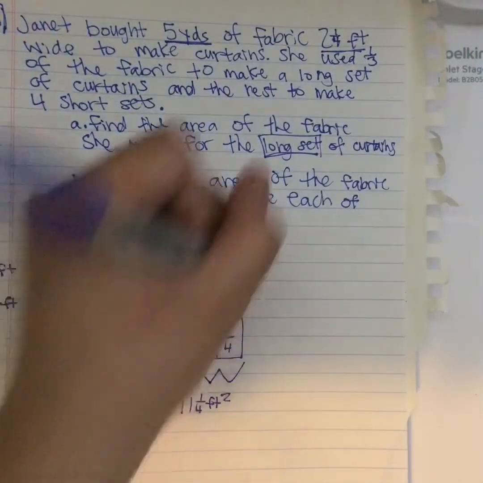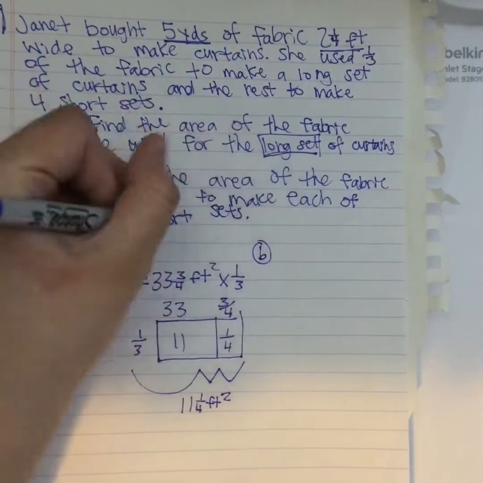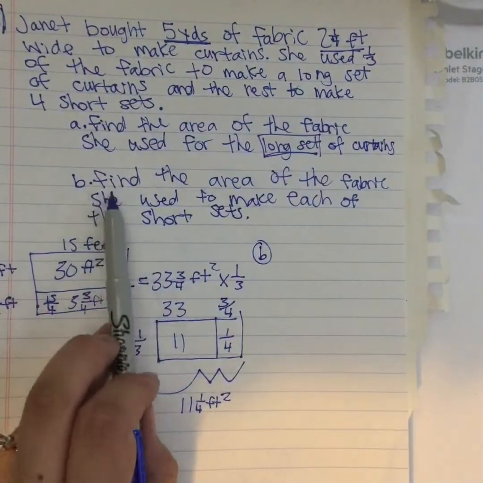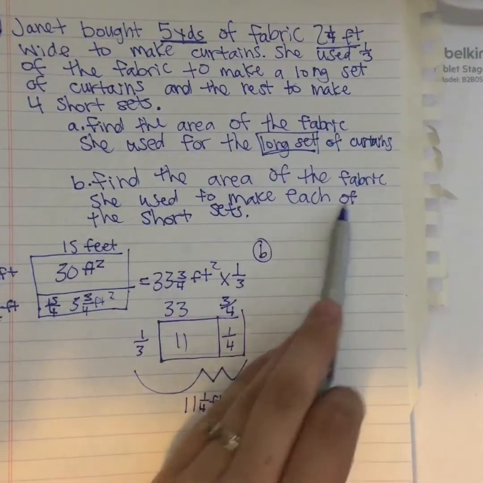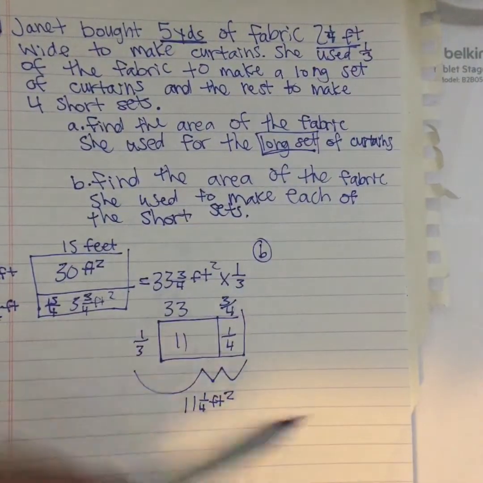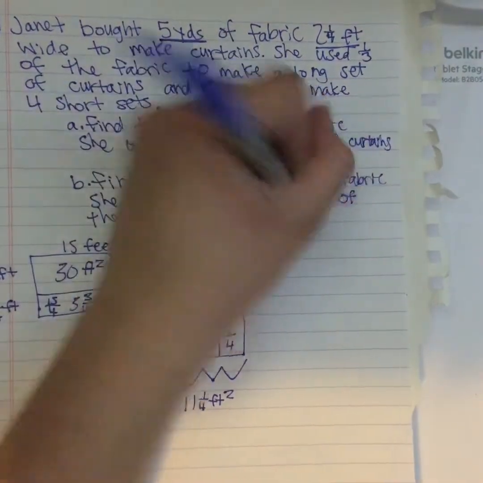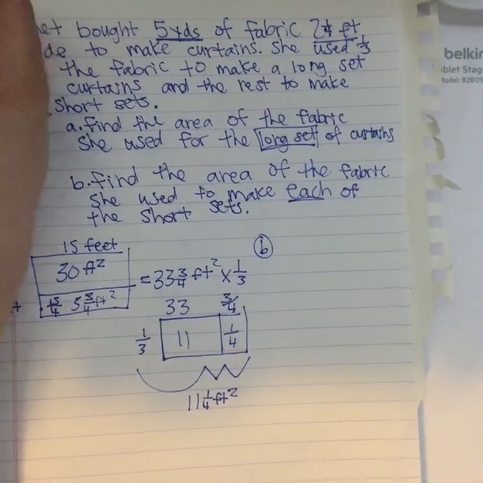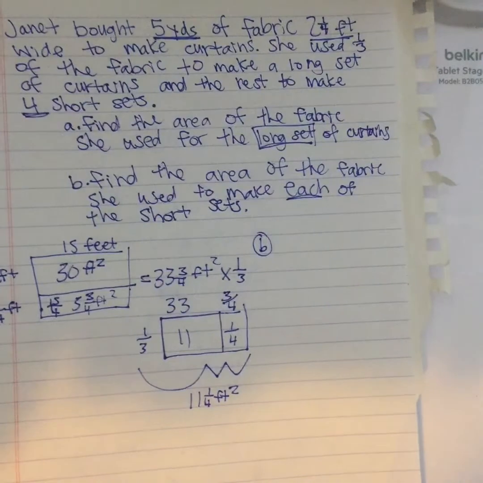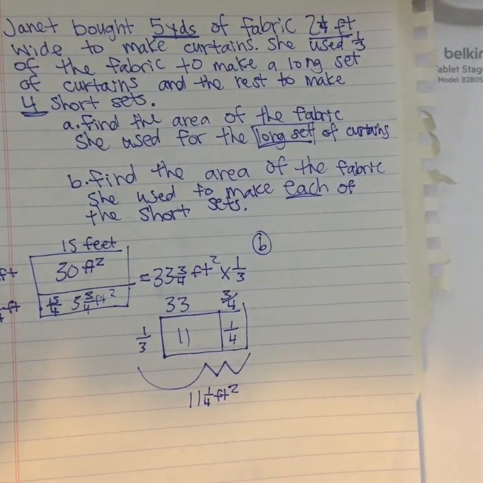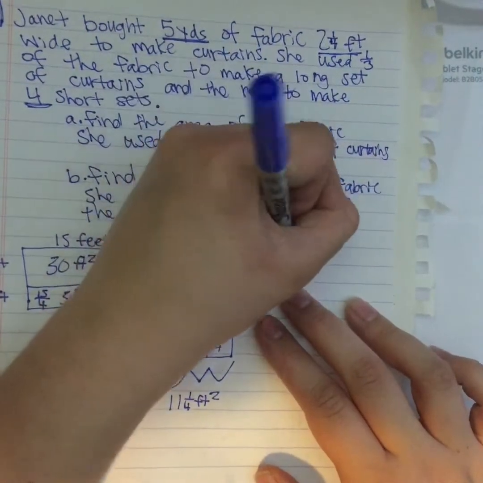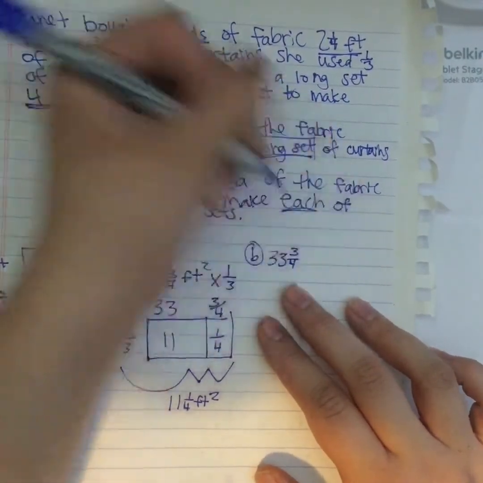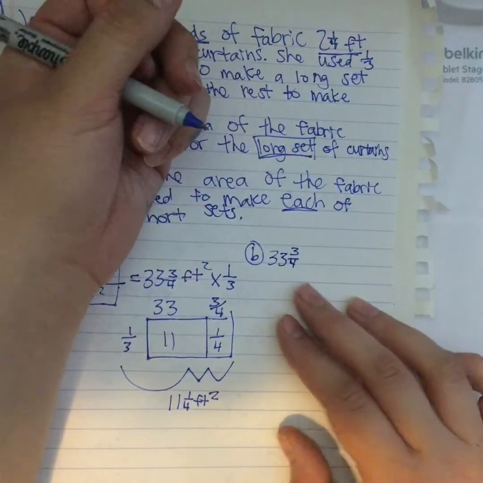Let's figure out what she did with each. So the second one says find the area of the fabric she used to make each set of the short sets. So we have to find out each. We know that she made 4 short sets. So for part B, we know that she started with 33 3/4 feet squared of fabric.